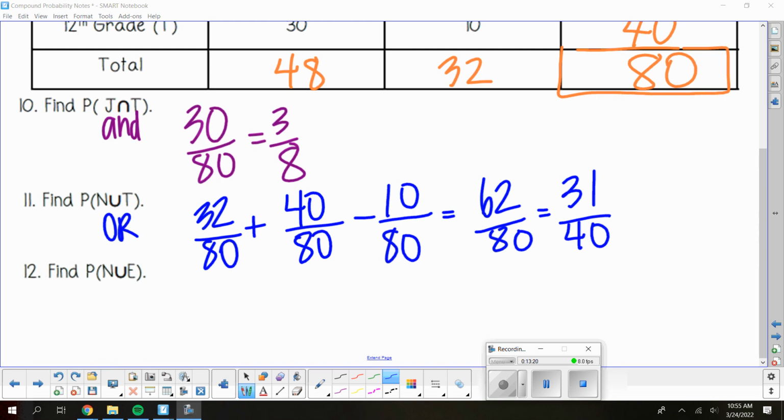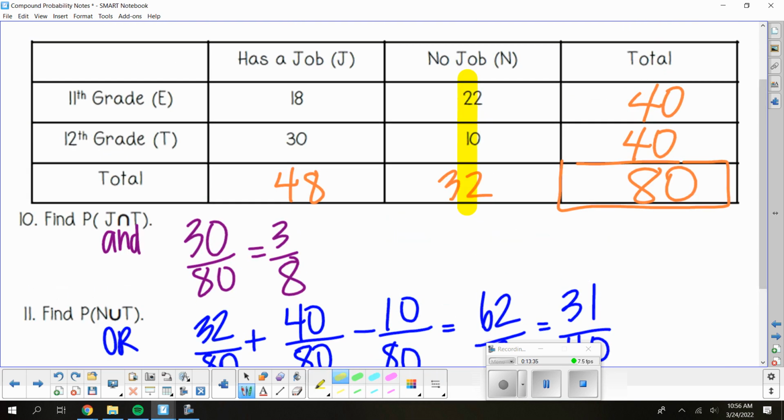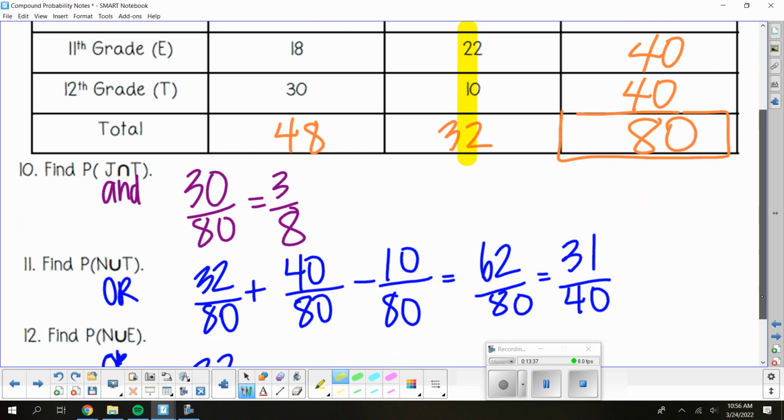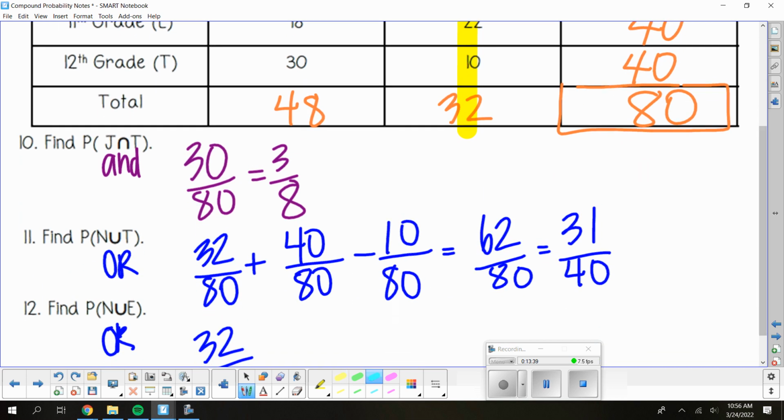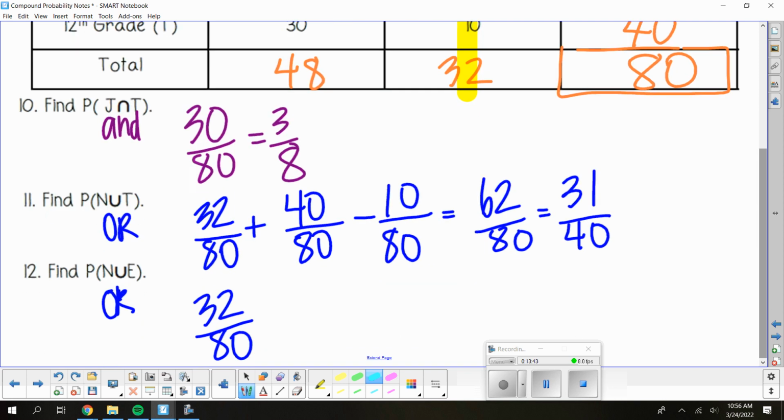All right, on the last one, probability of no job or an 11th grader. So we're still adding. So probability of no job, that's not going to change from before. Before that was 32 out of 80. And if I go find that in my table, my probability of no job is 32 out of the 80 total that I gave this survey. 11th graders, that is a total of 40 people out of the 80 that we gave our survey to.